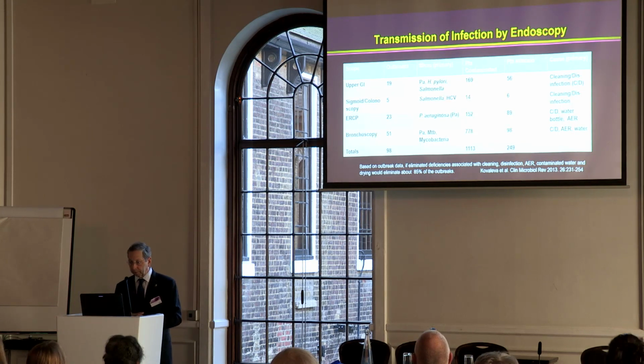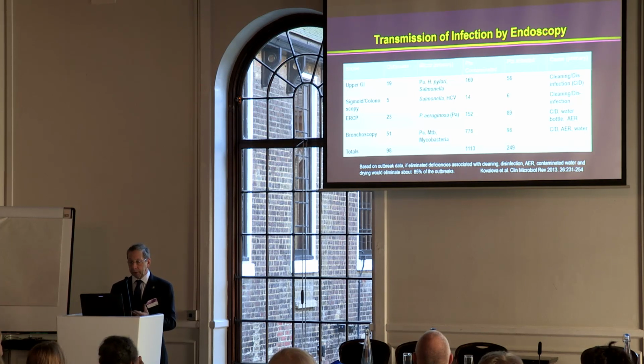Now, this was a nice, older review article on transmission of infection by endoscopy. And again, you can see the number of different outbreaks with GI endoscopy, ERCP, and with the duodenoscopes, particularly a problem, and then the bronchoscopes. And the type of organisms vary. With ERCP, it's been particularly Pseudomonas.